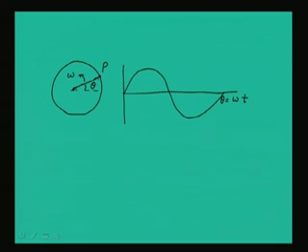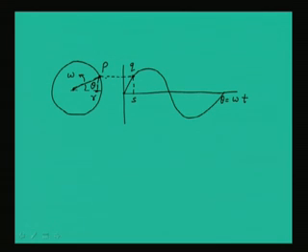Now, at this particular position, if we project the point on this curve here, this point is, let us say, q, this is s, and if we drop a perpendicular, this point is r.